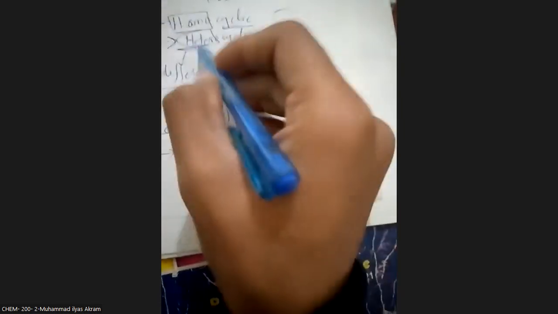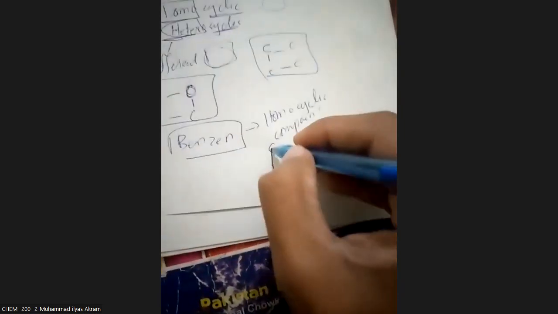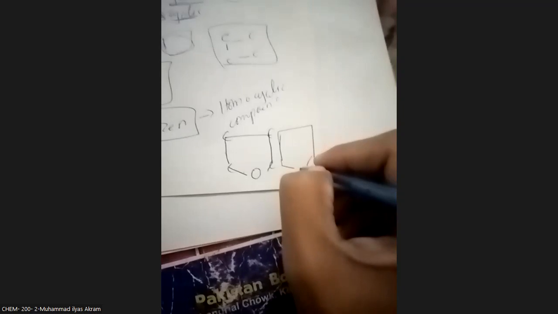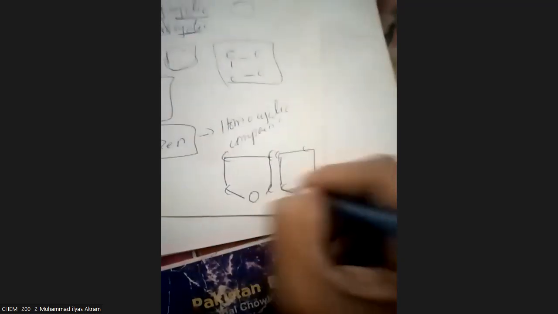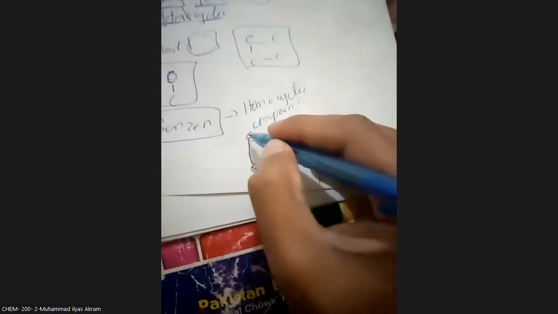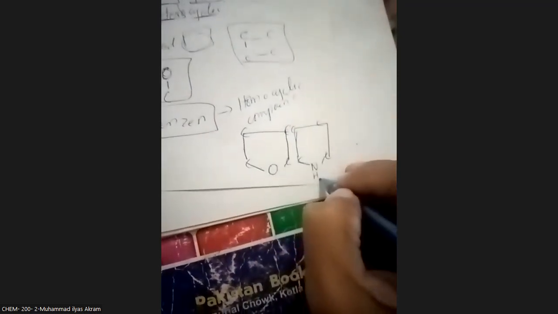So this is aromatic, but it is heterocyclic with two types of atoms. In this ring there are carbon and oxygen, and here there are carbon and another element. So these are some examples of hydrocarbons and their classifications.